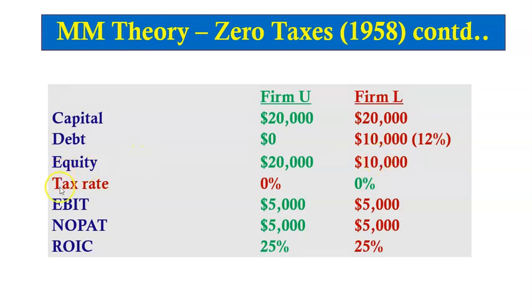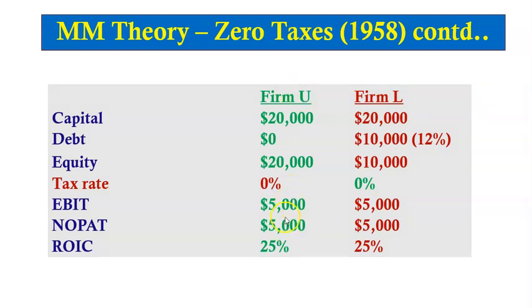Now we also assume the tax rate to be zero as we want to prove the two propositions of the theory with zero taxes. We are keeping the earning power of the two firms the same, so we are assuming that earnings before interest and taxes for both the firms, that is the leveraged firm L and the unleveraged firm U, is $5,000.